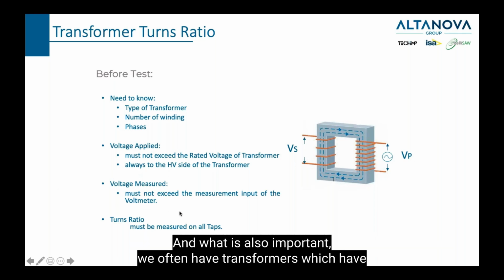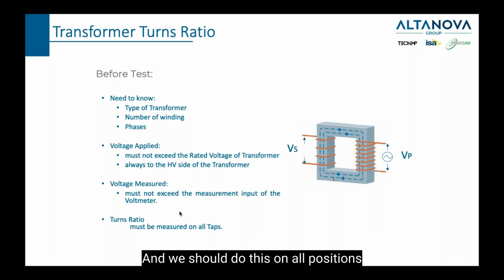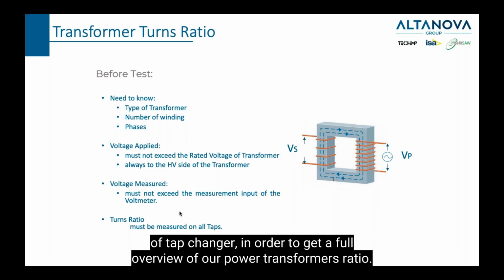And what is also important, we often have transformers which have multiple taps, whether they have an on-load tap changer or a de-energized tap changer, and we should do this on all positions of the tap changer in order to get a full overview of our power transformer's ratio.